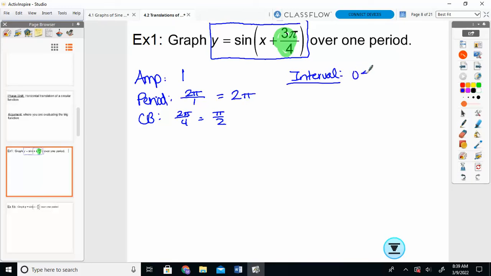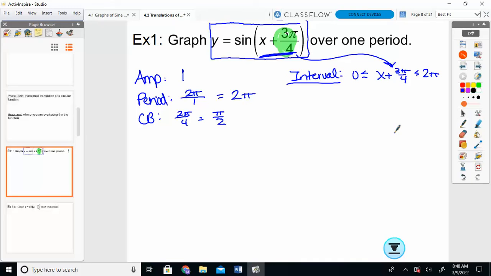Starts at 0 and it ends at 2 pi, right? The normal one. In the middle, I want you to put this argument. So that's x plus 3 pi over 4. Then I want to take this inequality and I want to solve for the x.